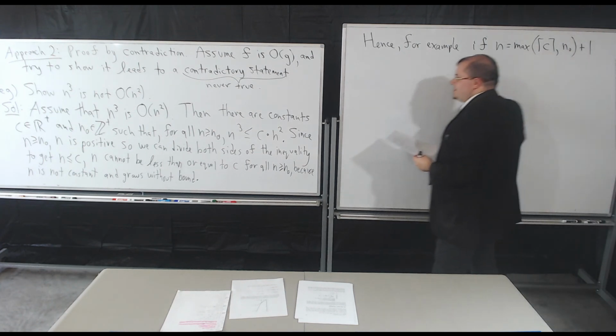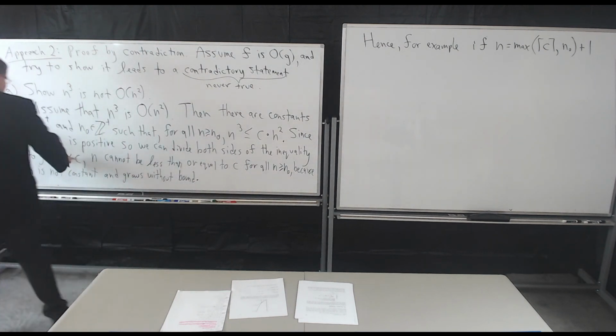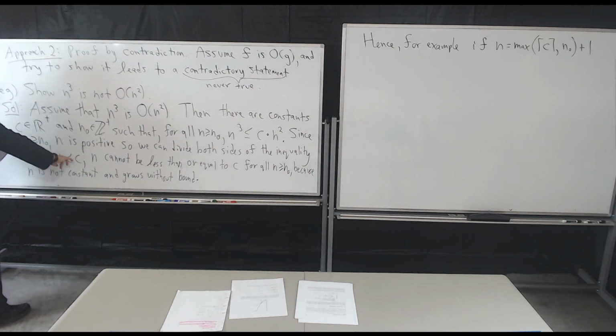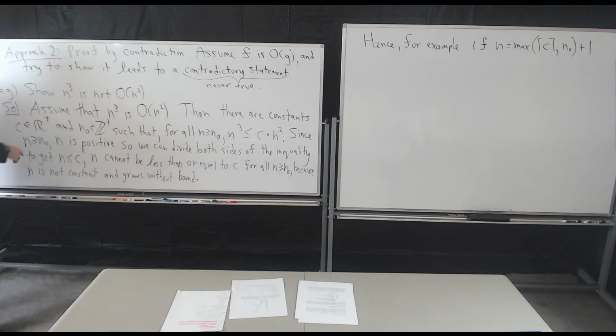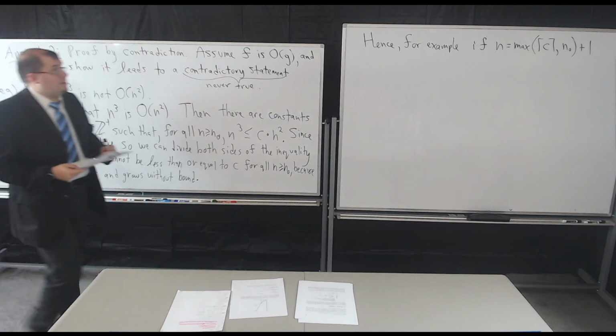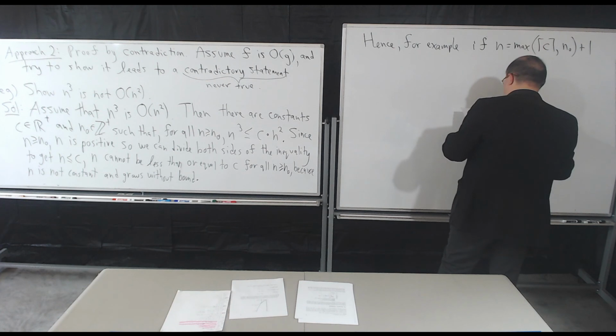So I just take this, I round it up. So now this is going to be at least equal to, it's going to be either c or bigger than it, but I'm going to push just a peg over so that it's guaranteed to be bigger than c when I pick n. That's what this plus 1 here is for.